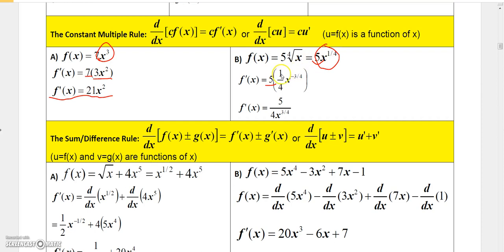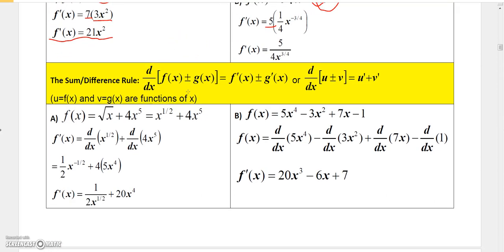I bring the 1/4 down, so that's 1/4, and then it's x to the 1/4 minus 1. 1/4 minus 1 gives me negative 3/4. So now I have 5 times 1/4 times x to the negative 3/4. And as I showed you earlier, we can move this to the denominator and write it as x to the positive 3/4. So we get 5 over 4 times x to the positive 3/4.